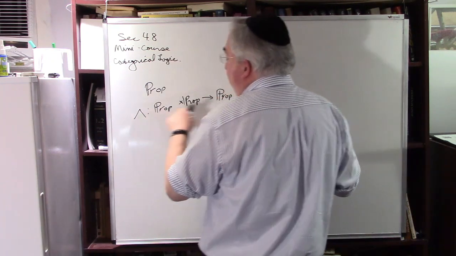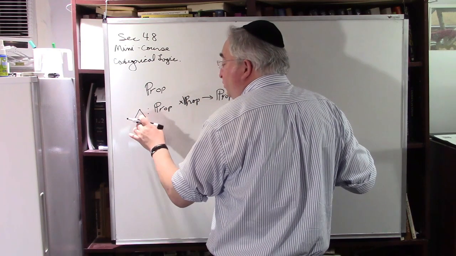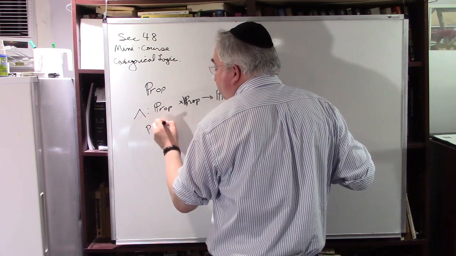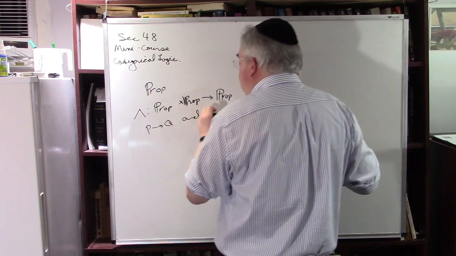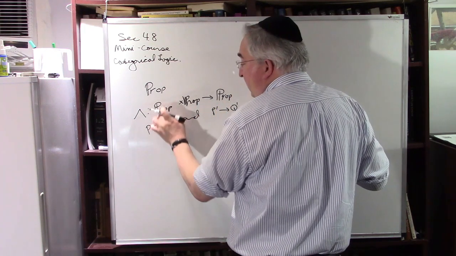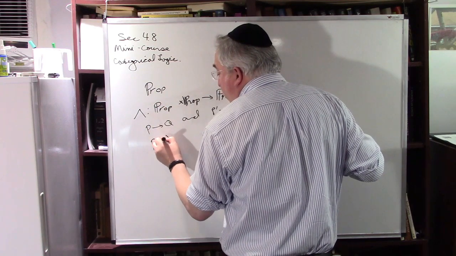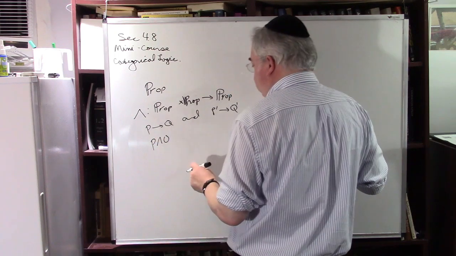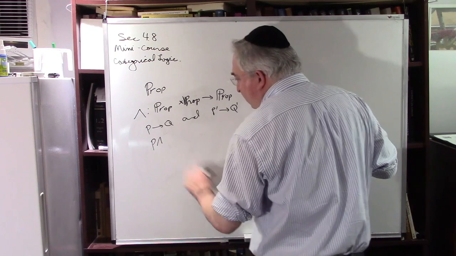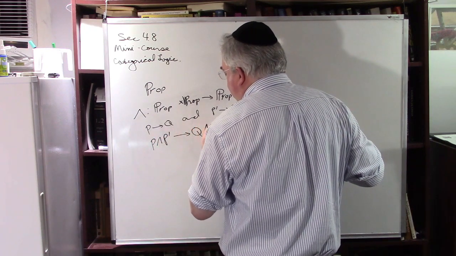It's covariant in both arguments. I just want to show you what the functoriality of this is. It basically says that if P implies Q and P prime implies Q prime, in other words, if this arrow is in here and this arrow is in here, then P and P prime implies Q and Q prime.